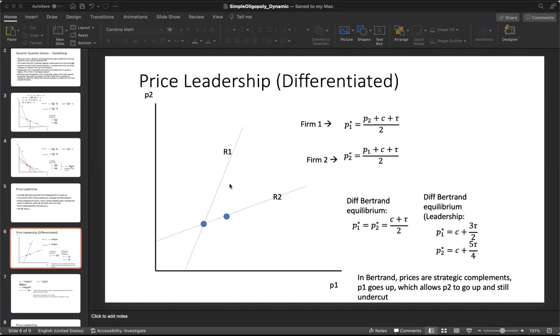That is a reflection of strategic complements versus strategic substitutes. So very different, right, between price competition and quantity competition.